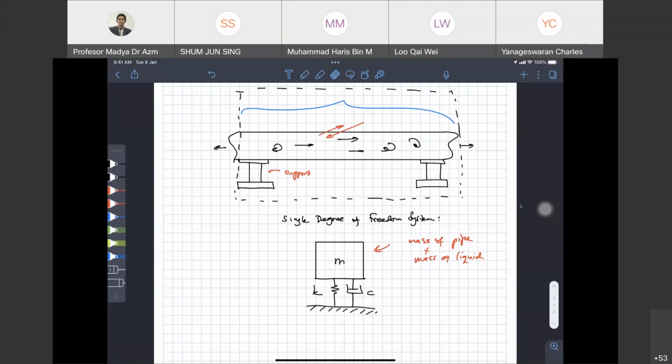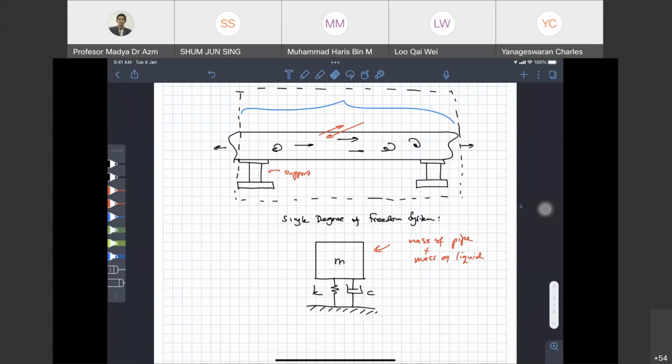We're talking about spring, flexibility. Yeah. You cannot find any spring here. This is the concept that I must stress. So stiffness is something about flexibility. And you cannot find any spring in this pipe.